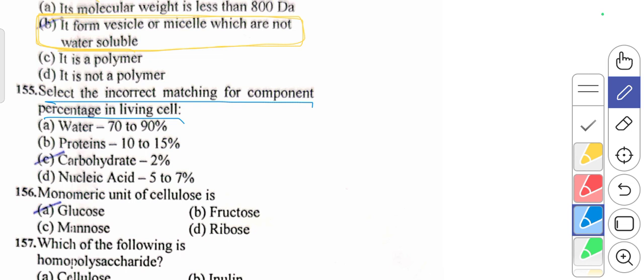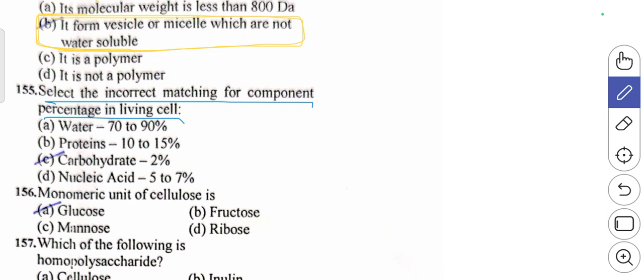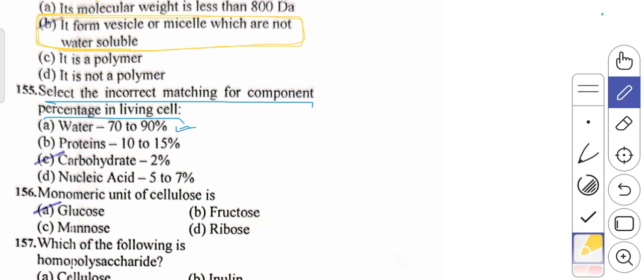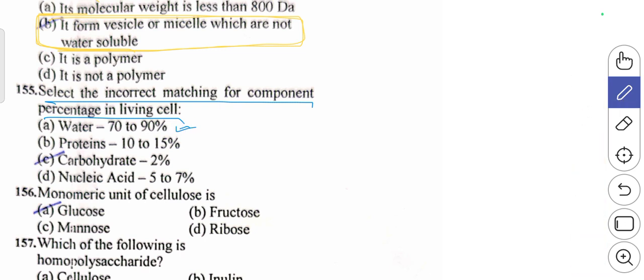Water is 70 to 90%, so this is right, as given in NCERT. Then protein, they have given 10 to 15%. It is also right.